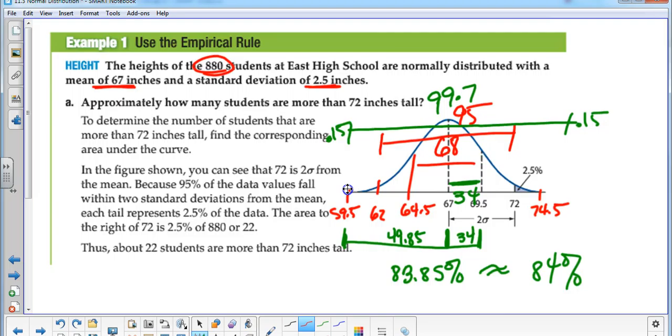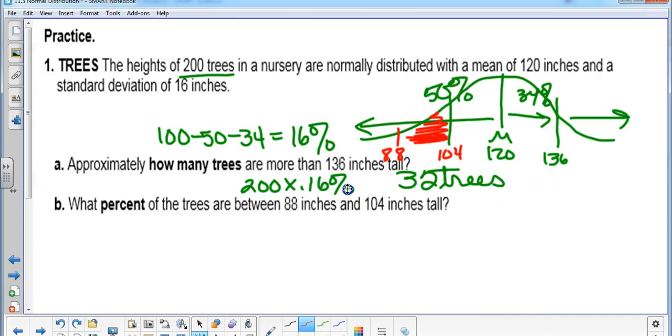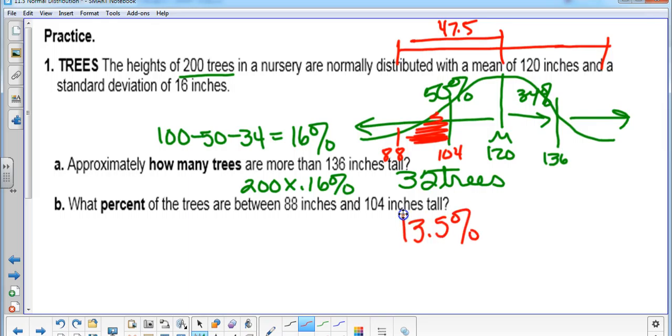If I talk you through this, just so we're sure you know where they got that. This is 95 out 2 standard deviations. So if we took 95 divided by 2, we would have what? 47.5 is from here to here. And then if we subtract the 34 that's in here, that leaves us with 13.5. Okay? Do we have to do anything else with that? Just ask percent on that one.